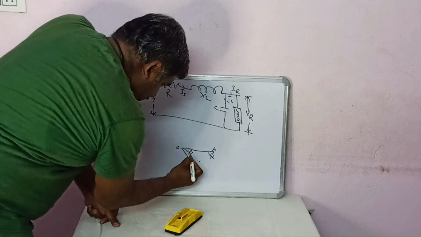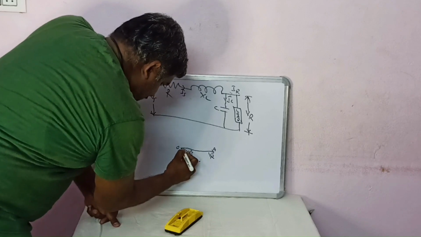So this is my IS, whereas this is my IC, the angle that is available.